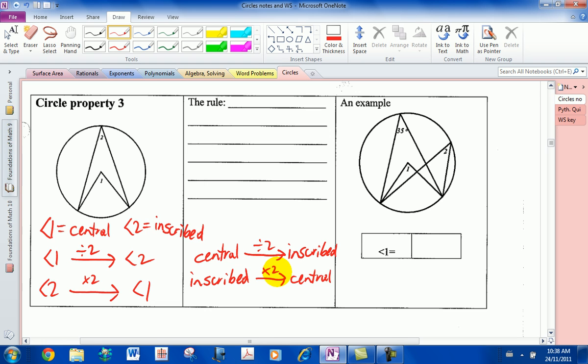Raj, what's angle 1? 70. You multiply 35 by 2. Okay, so here's the feet at the bottom. They're both on the same arc. Okay. What about angle 2?